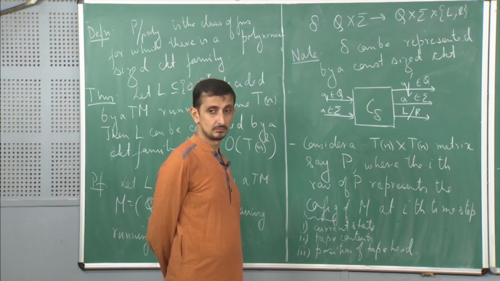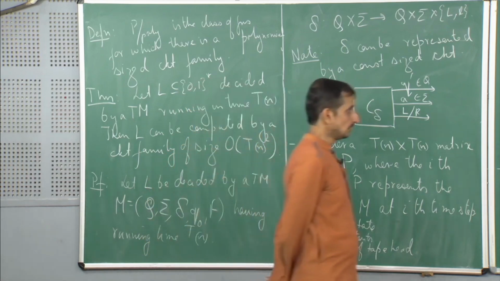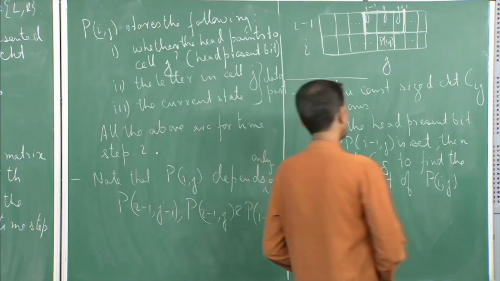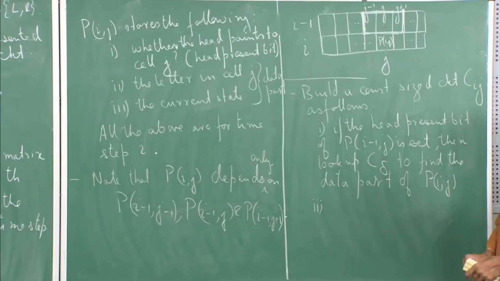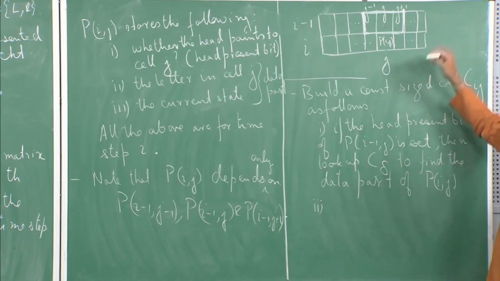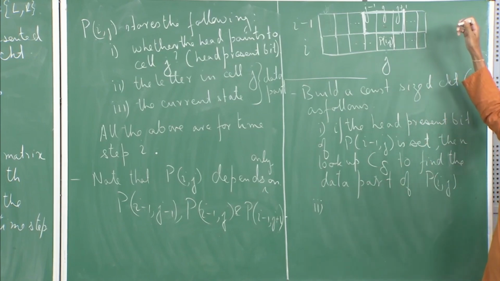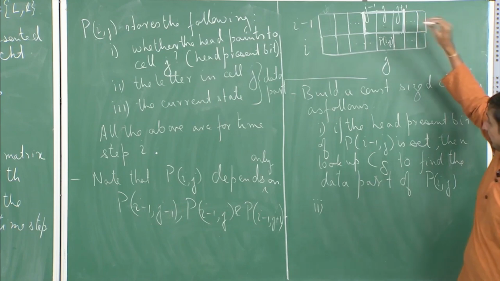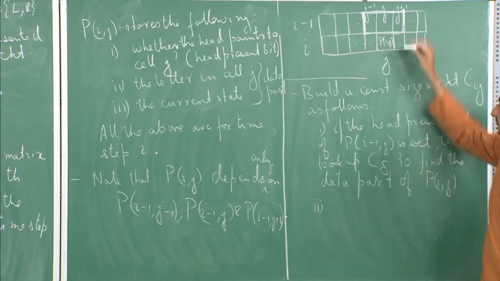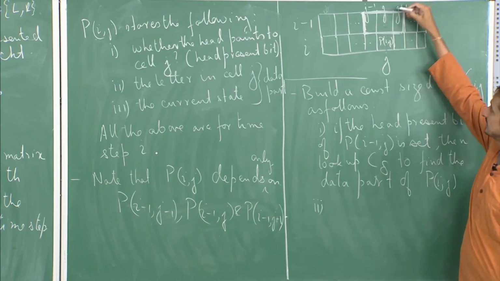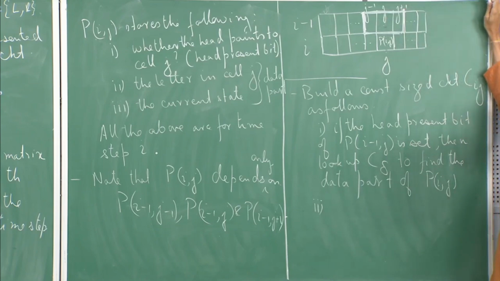No. No. So, if the head present bit of this is set, okay, which means that Pi minus 1j, okay.